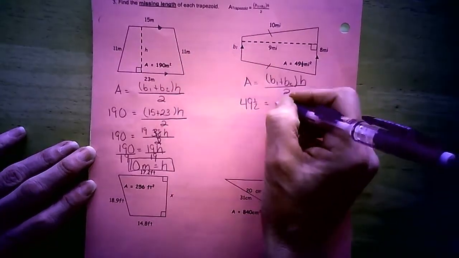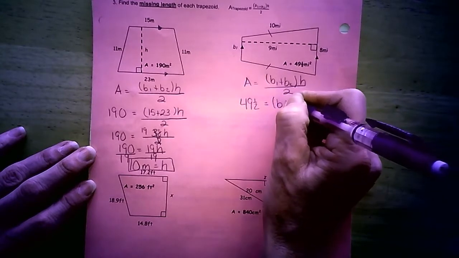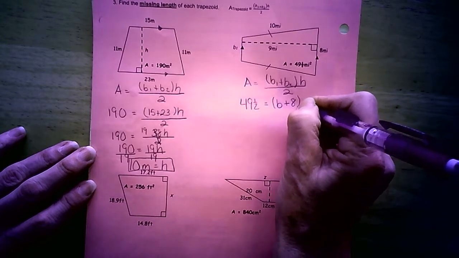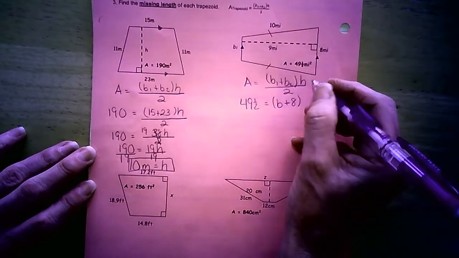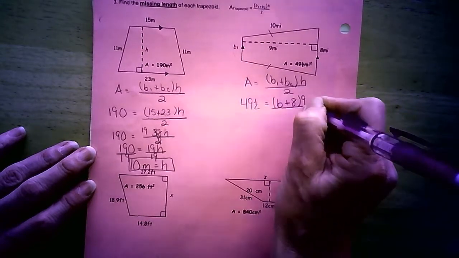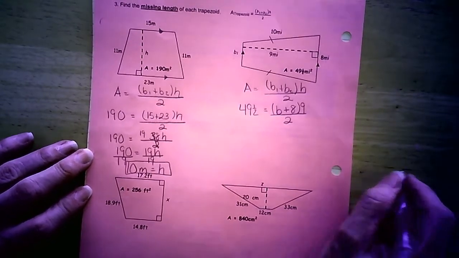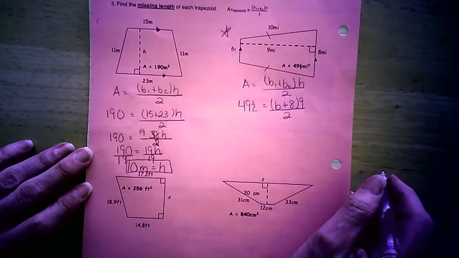When I plug in the variable though, I'm just going to write B. So B plus 8 times the height, in this case the height is 9, divided by 2. All right, so this is the tricky one. You might want to star this one because it's going to be just like number 6 on your homework.